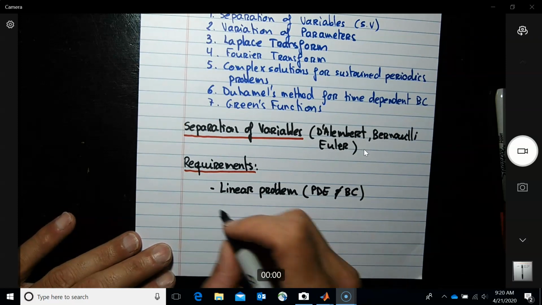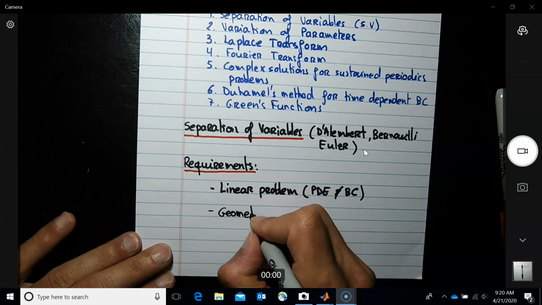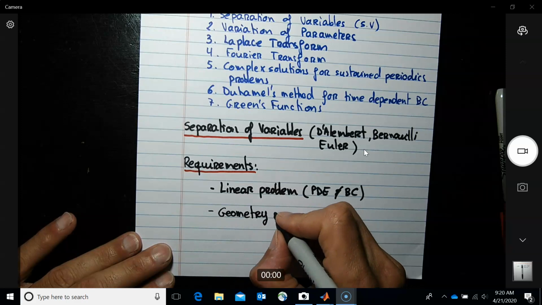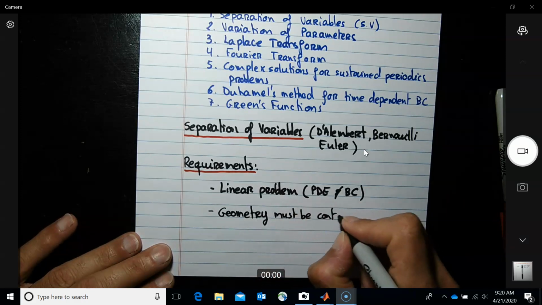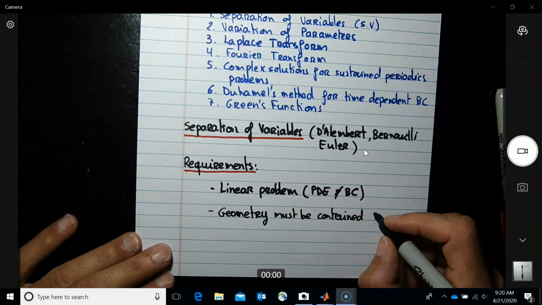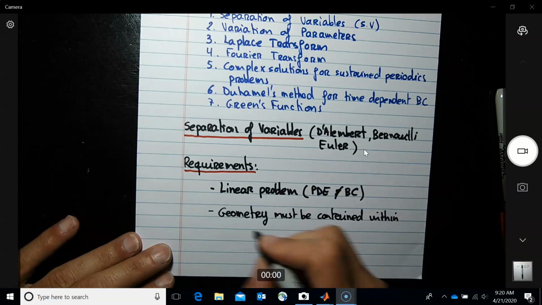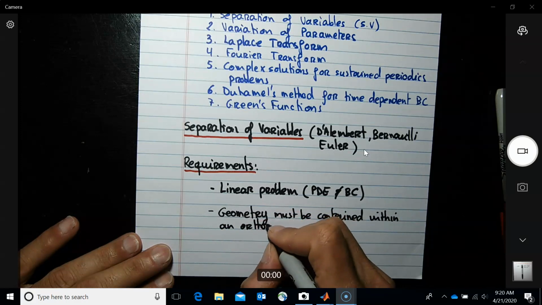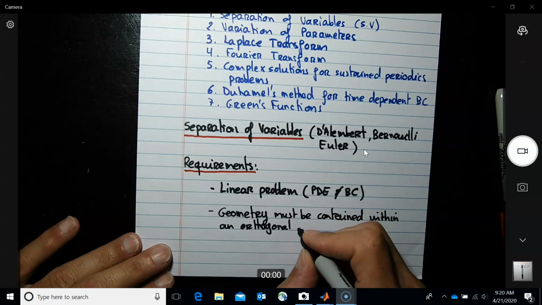Then the geometry, and this is important because of something you will see later called the orthogonality condition, must be contained within an orthogonal reference frame.